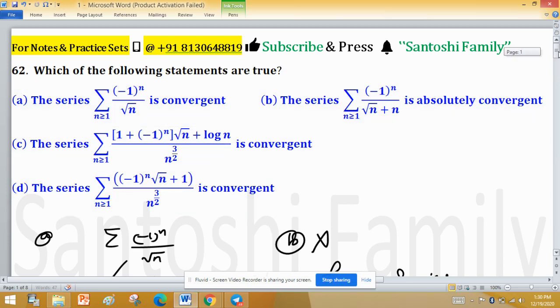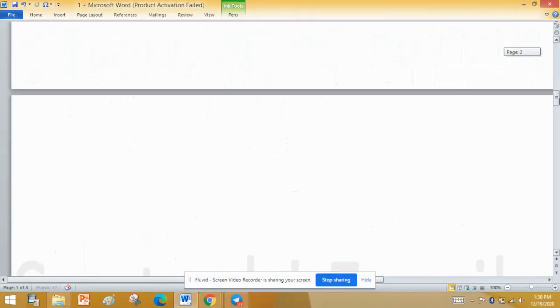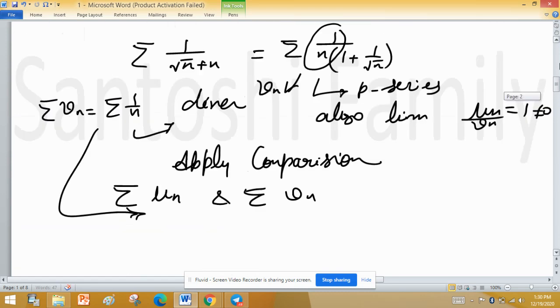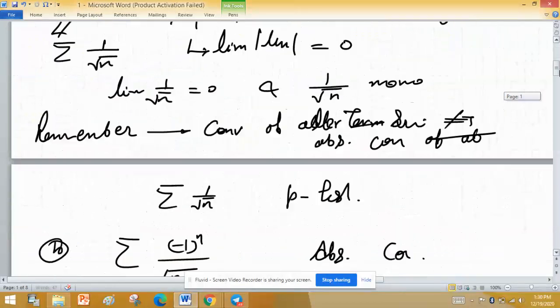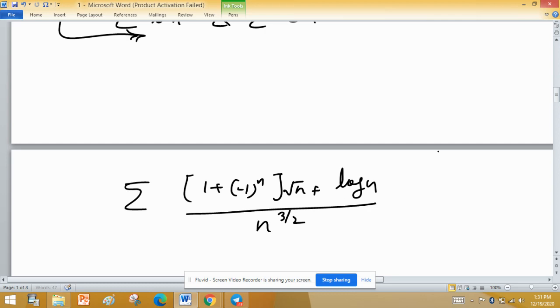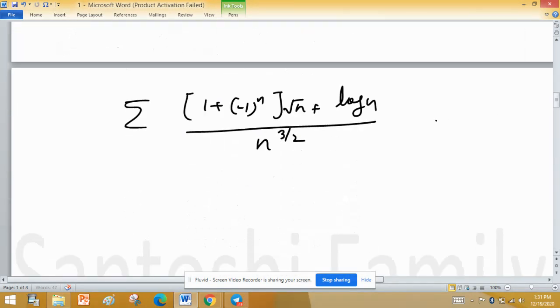Now come to option C. This is the series 1 plus minus 1 raised to the power n, outside root n, plus log n divided by n raised to the power 3 by 2. We have to test it for convergence.